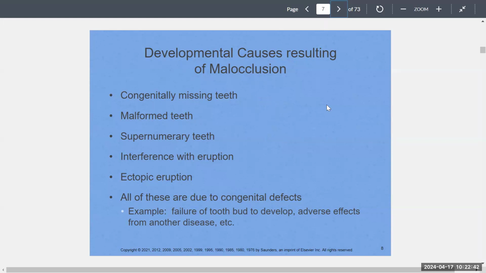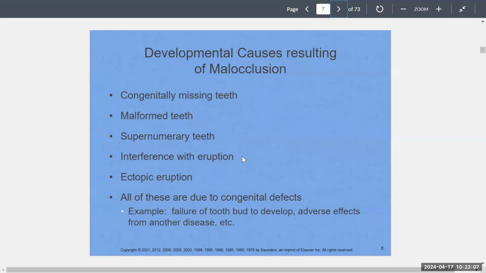Malformed teeth, that's something that's also developmental. Supernumerary teeth. Anybody remember what that is? Supernumerary teeth are extra teeth. Interference with eruption. Let's say you lost a primary molar early in life, due to trauma or a deep cavity and you had to get it removed. And then the baby teeth crowded in.